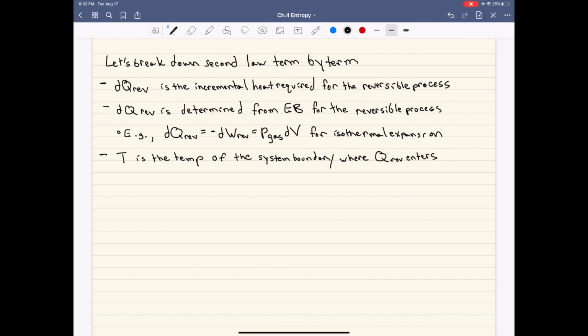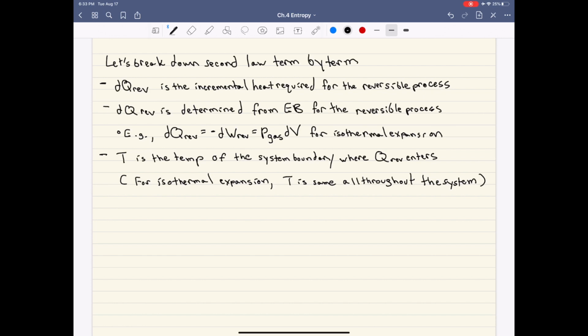And if we think of that isothermal expansion again, this system is a little bit easier to understand because the temperature is the same all throughout the system. Okay?